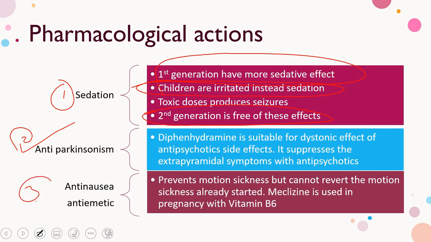The third pharmacological action is that these drugs have anti-nausea and anti-emetic effects, especially helpful in the management of motion sickness. But remember, it has to be used to prevent it. This is used prophylactically. If the motion sickness has started, it is difficult to revert it.